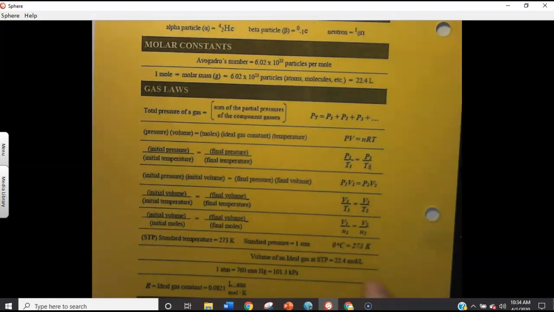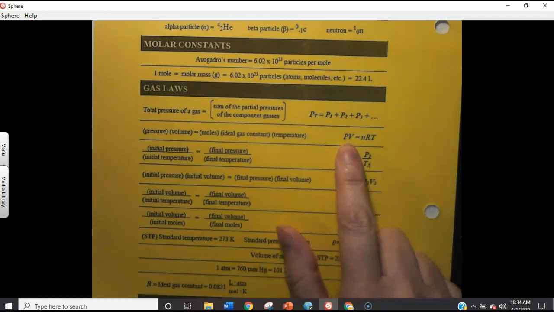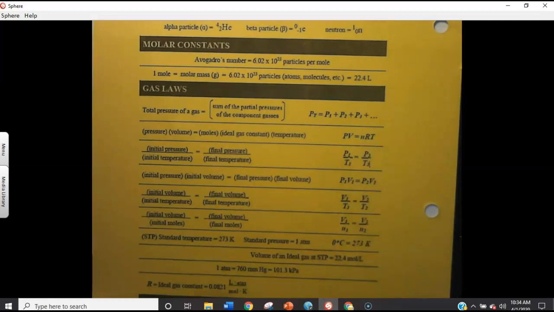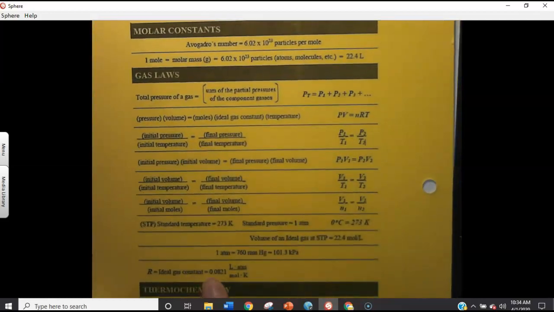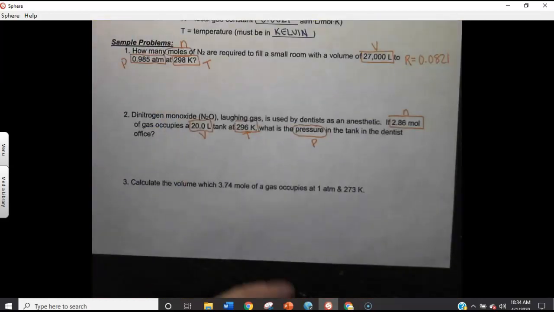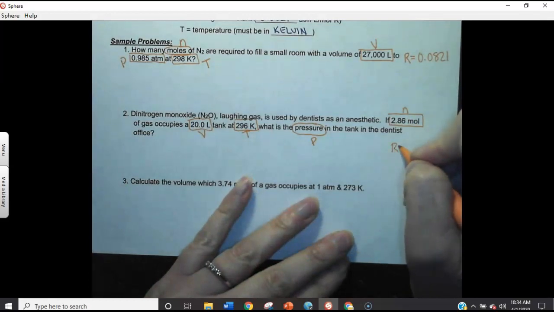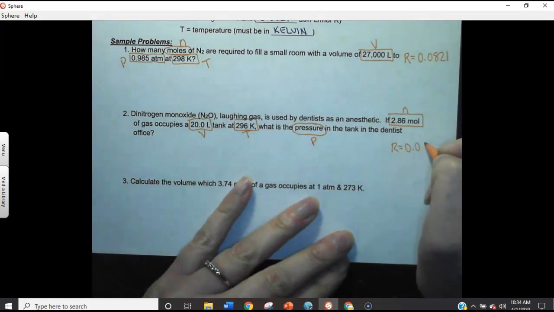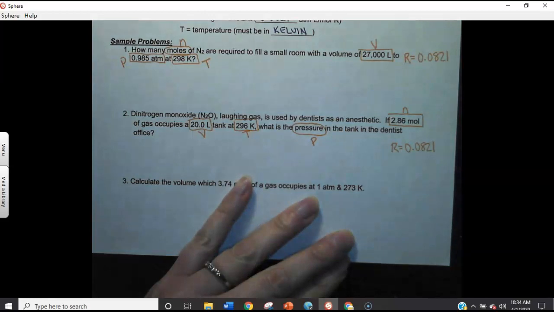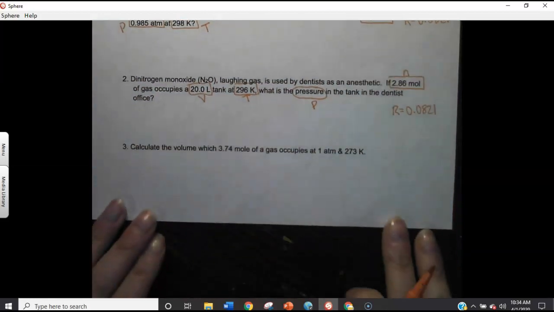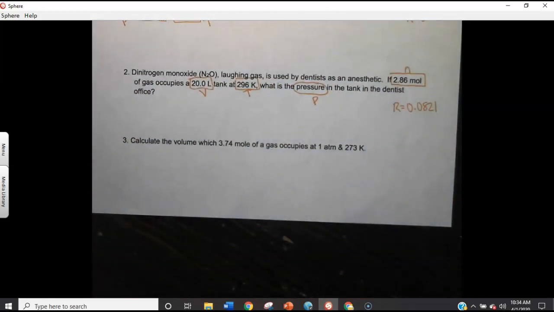So my givens and my unknowns help me pick my equation. I need 1P, 1V, 1N, and 1T. And where's R? Oh, way down here. Okay, the ideal gas constant. So I'm going to include that R equals 0.0821. All right. So I'm going to do the algebra before I plug in numbers, just so y'all can see that real quick. Okay.